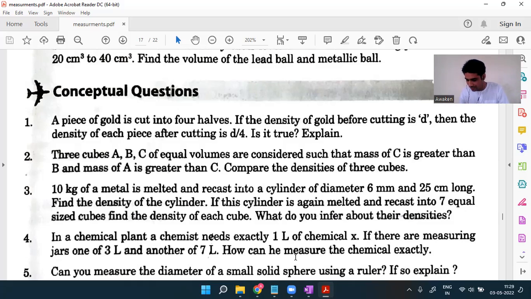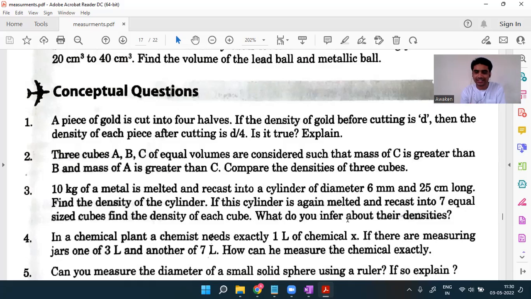So in this case, it's a cube, and the volume is not going to change. Why? Initially there is a cylinder.